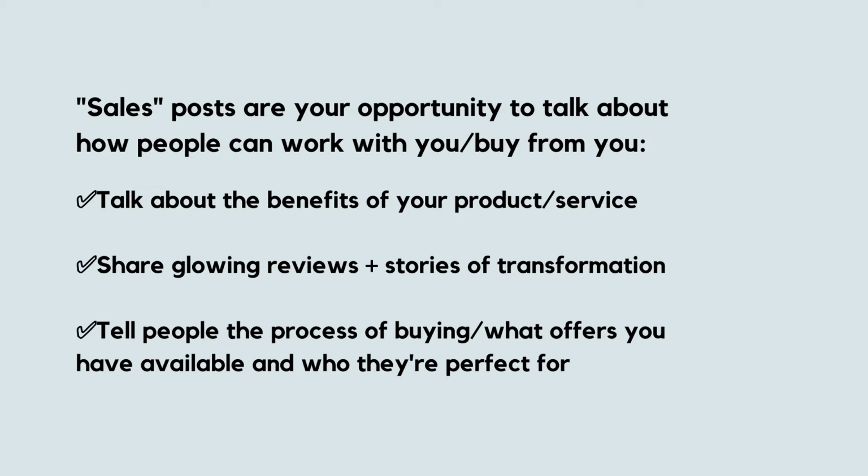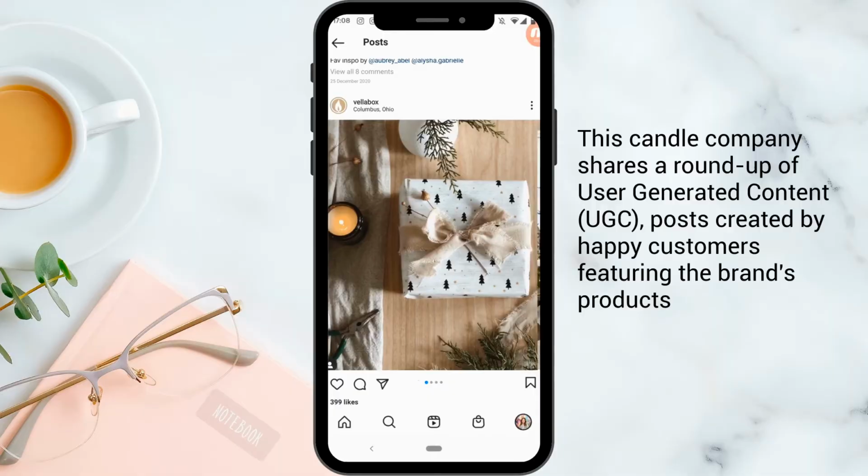And this could be a photo of you if you're a service-based business. It could be a photo of the product if you're a product-based business, or it could be a piece of UGC, user-generated content. So a photo or a video that somebody, an ideal customer of yours, has made featuring your product or service that you then reshare on your account.